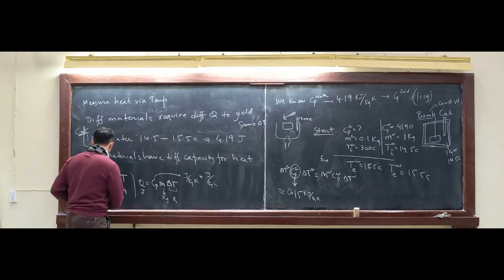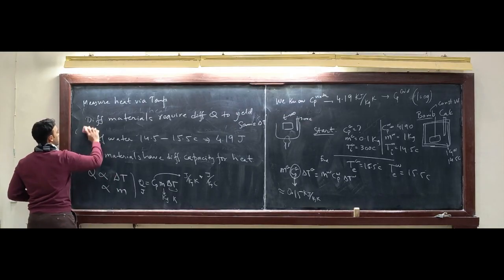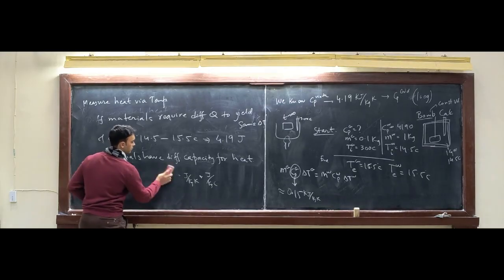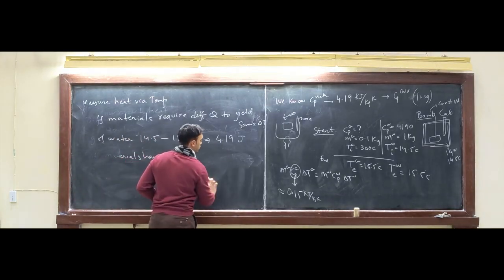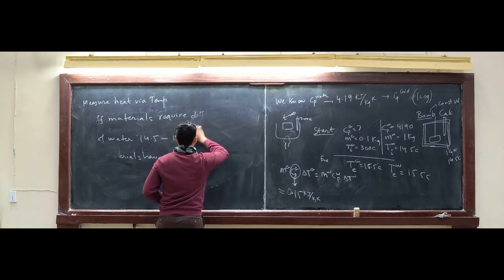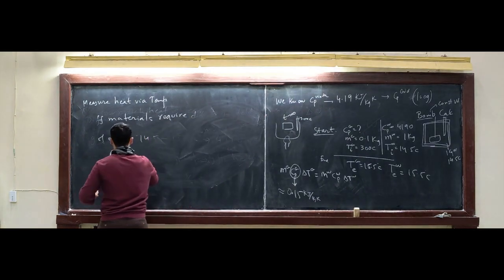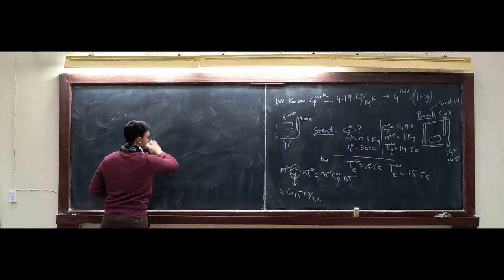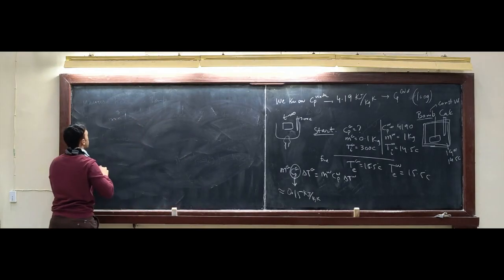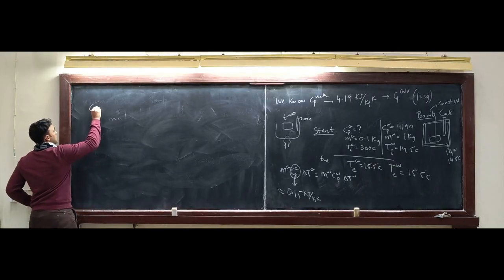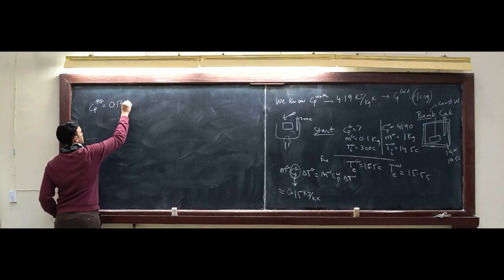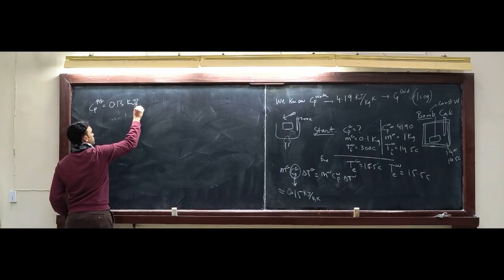So you perform this experiment in your lab, and 1,000 other people have performed it elsewhere, so you know they are not wrong. The correct value for pure gold, Cp of pure gold, seems to be 0.13 kilojoule per kg Kelvin.